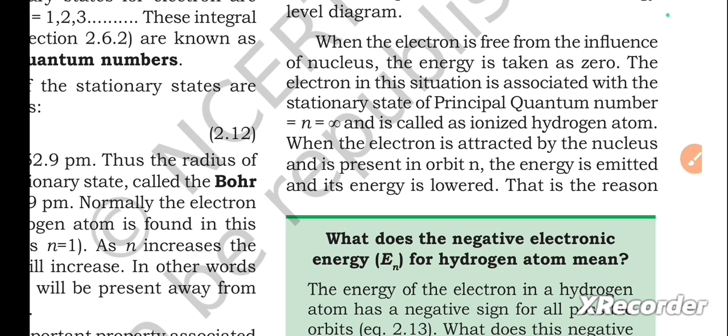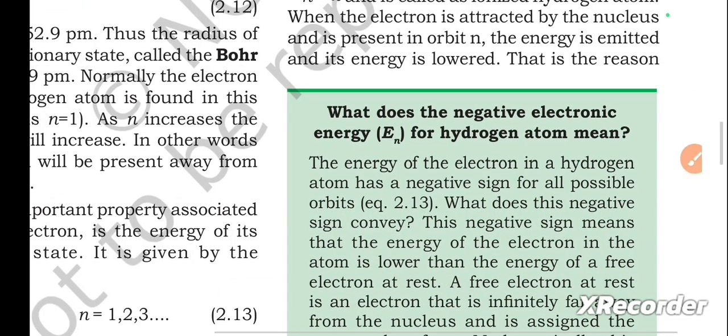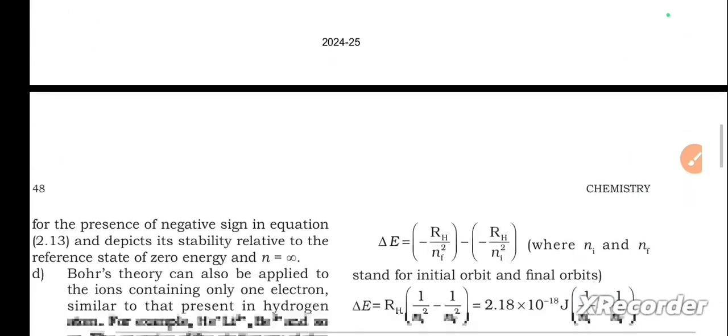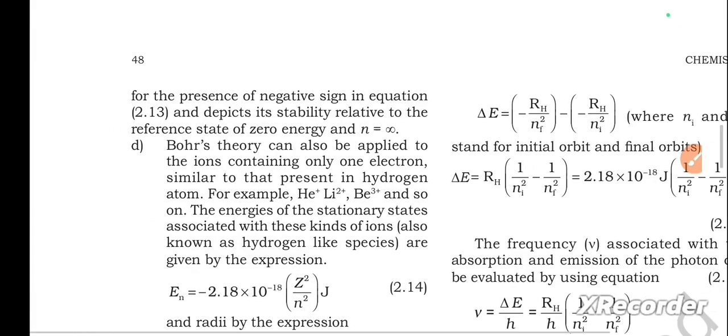When the electron is attracted by the nucleus and is present in orbit n, energy is emitted and its energy is lowered. That is the reason for the presence of the negative sign in the equation, and it depicts its stability relative to the reference state of zero energy and n equals infinity.